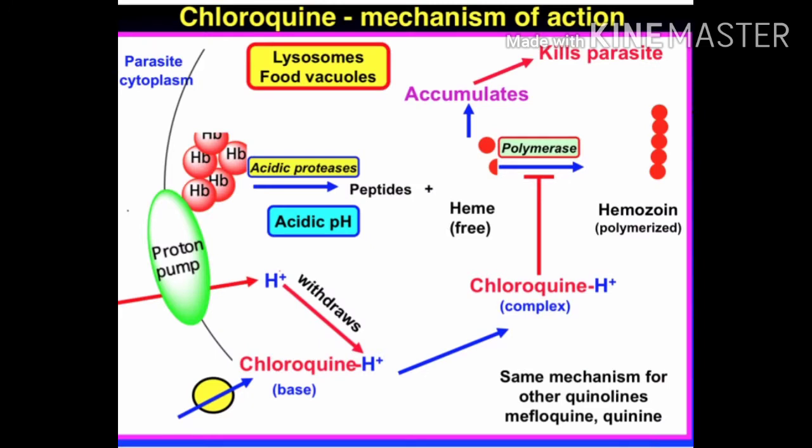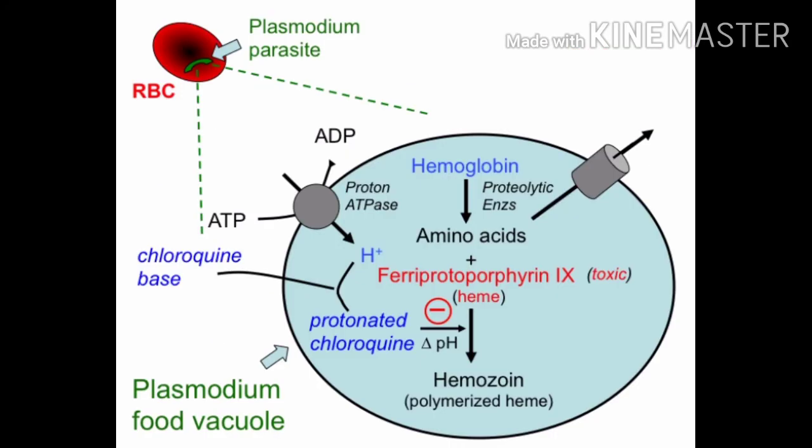Once in the food vacuole, chloroquine is thought to inhibit the detoxification of heme. Let's see the mechanism of action of these drugs. Chloroquine inhibits DNA replication. This is the general antimicrobial mechanism of action of these drugs.